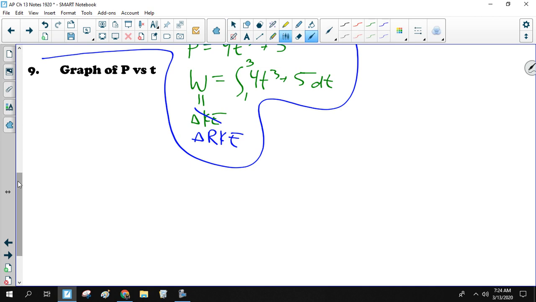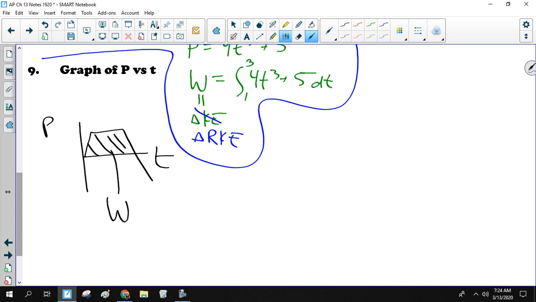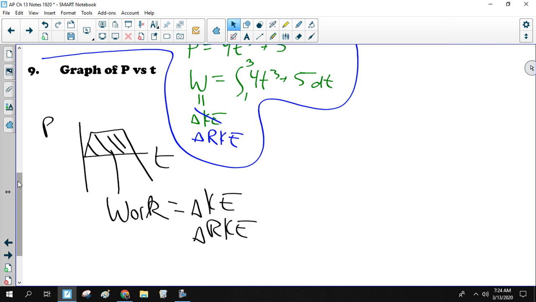If I give you a graph of power versus time, well, the integral of power versus time is work, so that means my area is work. Okay, and that work is going to either equal your change in KE for linear or your change in RKE for angular.